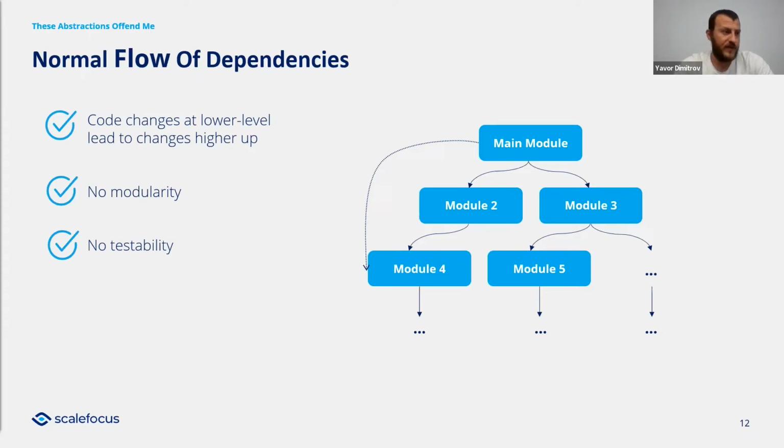This also prevents us from switching different implementations. So instead of using one data provider, using another makes it a bit harder to implement, or basically requires a lot of rewriting in our core functionality.